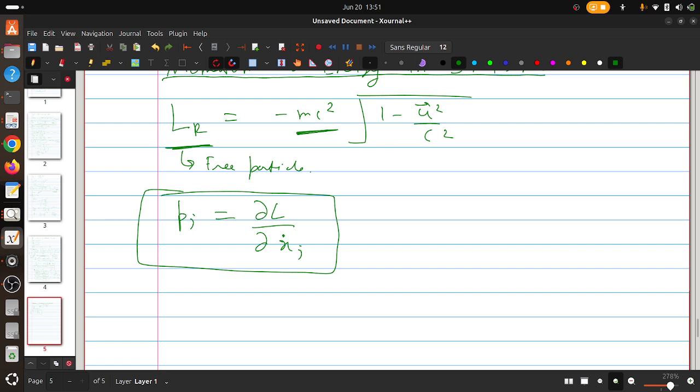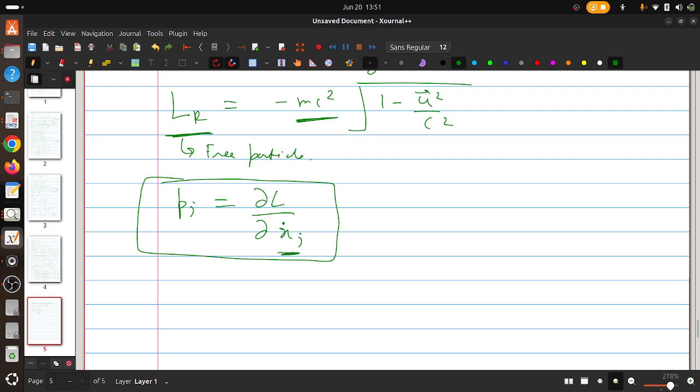So it will give you the angular momentum, under given particular generalized coordinates, in classical mechanics. But here we see that this Lagrangian is only a function of velocity, so it will not give you the angular momentum. Rather, it will give you the linear momentum only. So that is pretty much visible here.